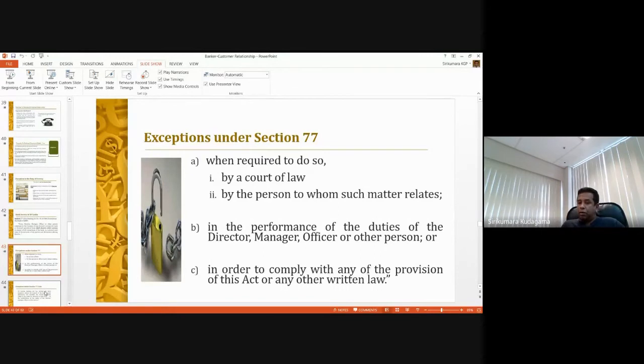I'll tell you what the repercussions would be if you divulge information. Sometimes, in banking, you might come across situations where very innocent actions on the part of the customer or bank officers might result in violation of Section 77.